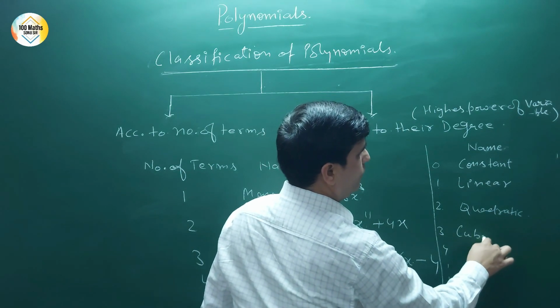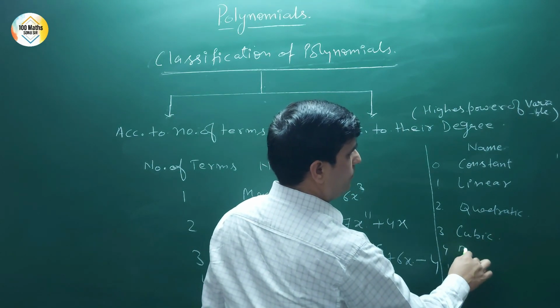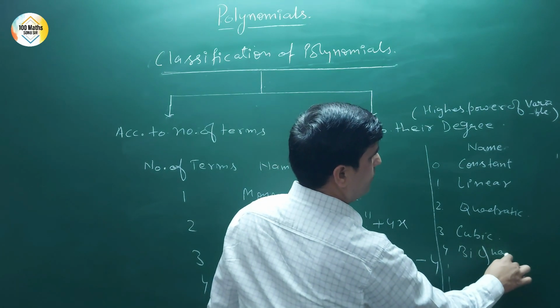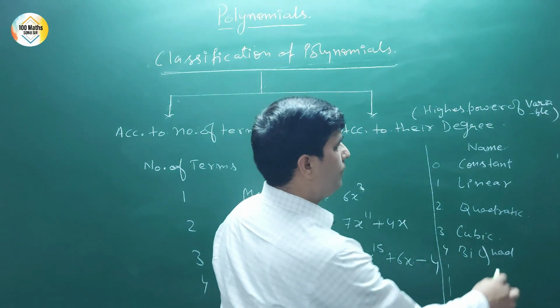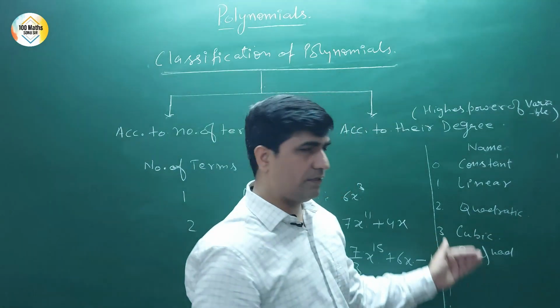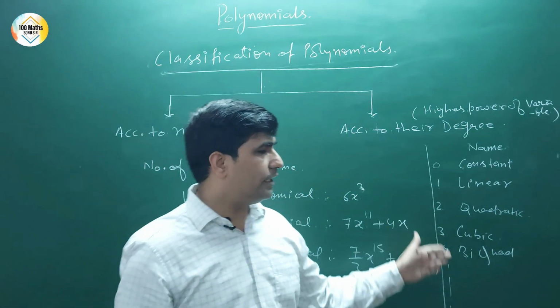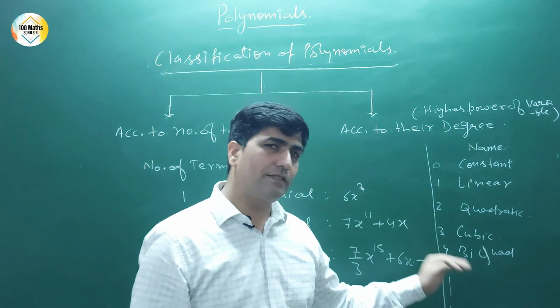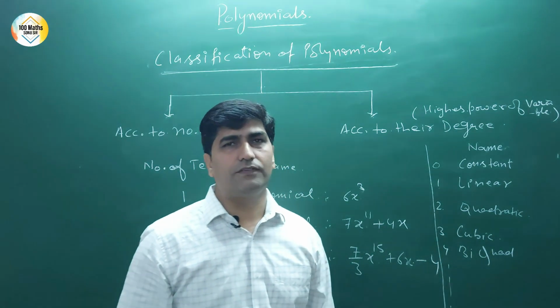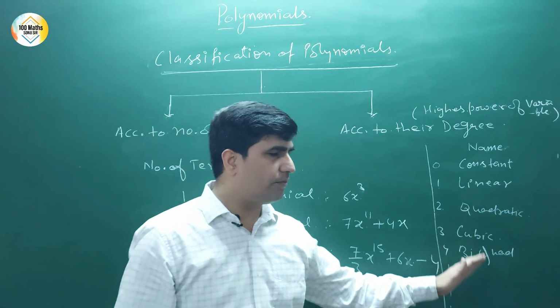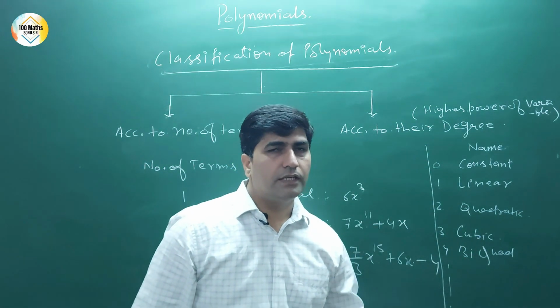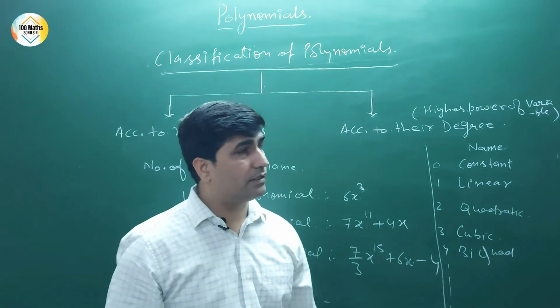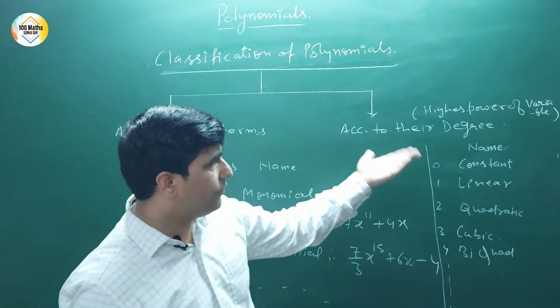It is known as cubic. If degree is 4, biquadratic, right? So this way you can increase. If degree is 5, it is a polynomial of degree 5. If it has degree 6, then polynomial of degree 6. After this you can say, but these are very common. Till 4 we usually solve, right? Biquadratic.